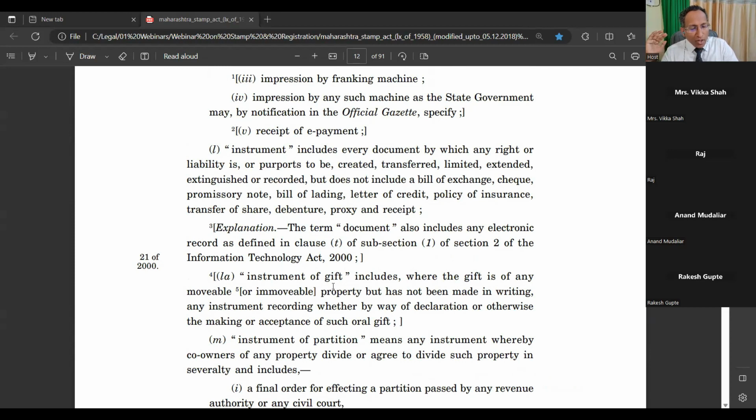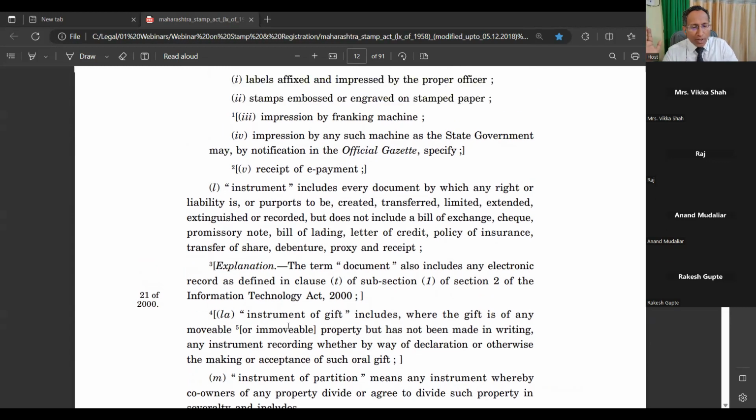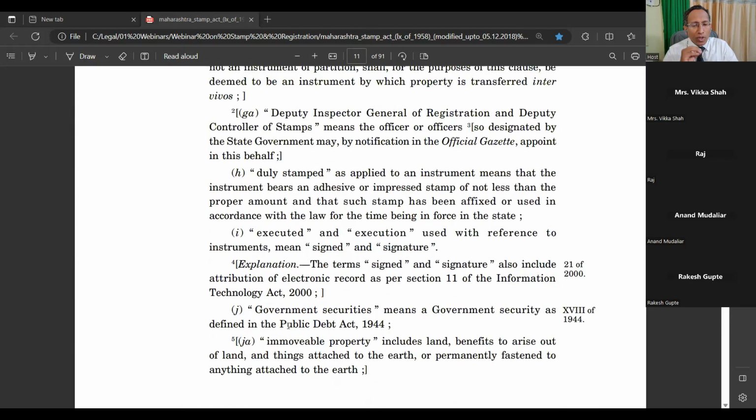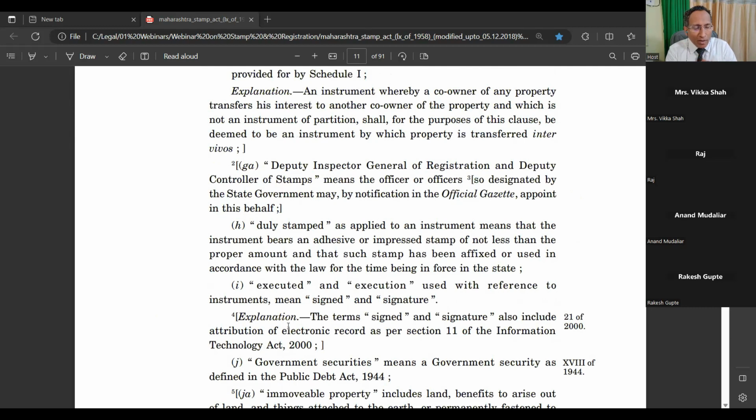Again, there is the instrument of gift, instrument of partition. I will suggest you go through it, because otherwise even a 10-hour webinar will not give you everything. The whole object of this kind of webinar is to give you a thought process, to invoke your thinking. If you attend this webinar and forget everything, you are not going to know about stamp duty.